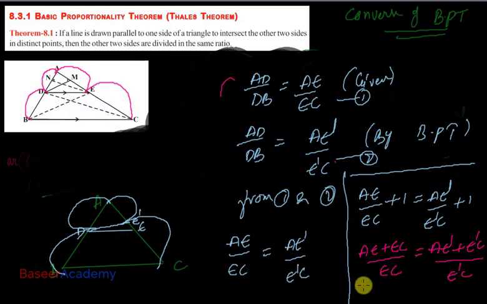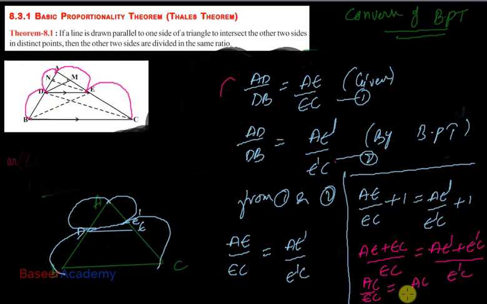So this obviously becomes, what is AE plus EC? AE plus EC is nothing but AC. So it becomes AC by EC, and this thing becomes AE dash plus E dash C, which is nothing but AC.